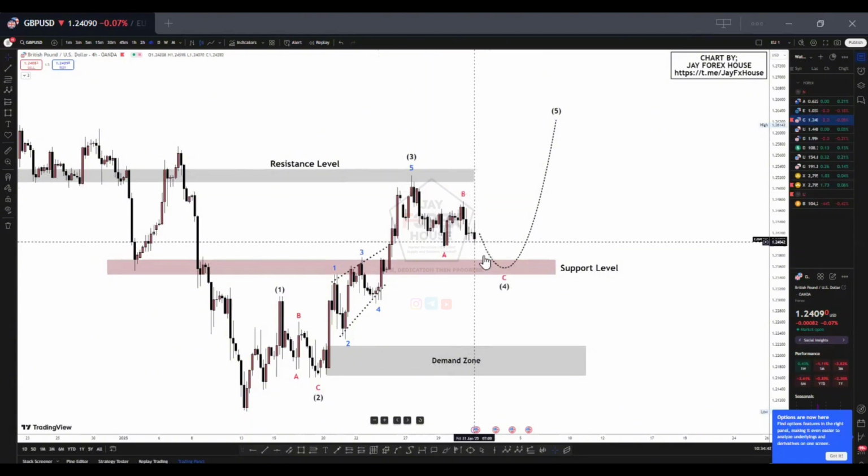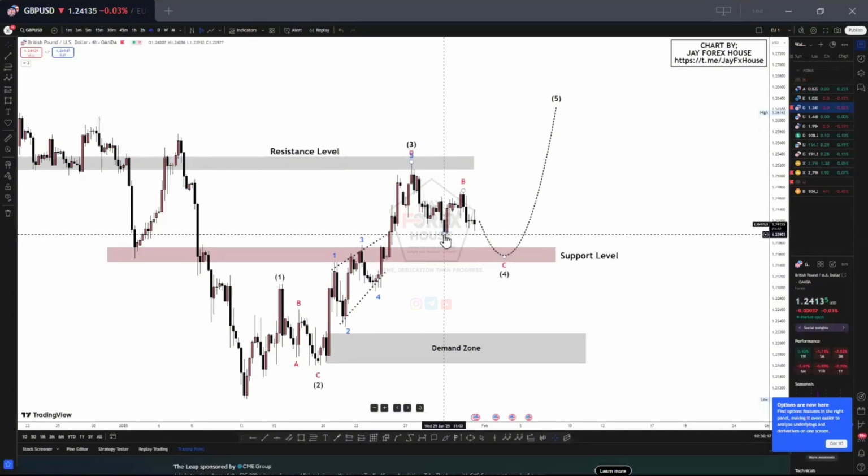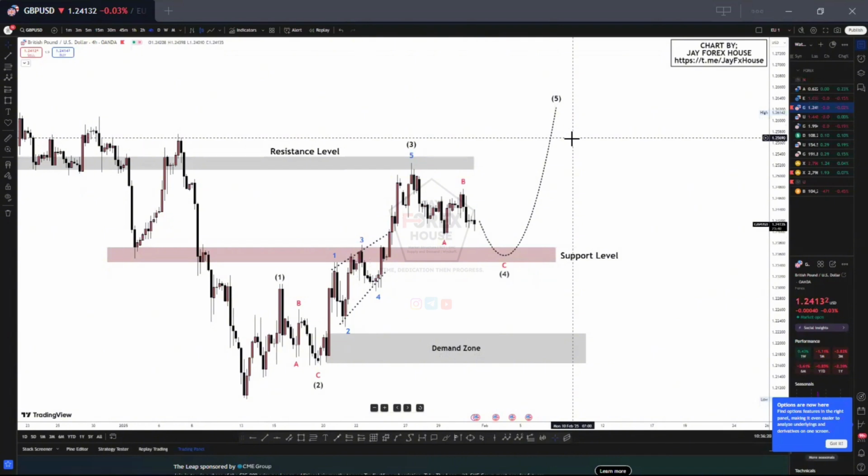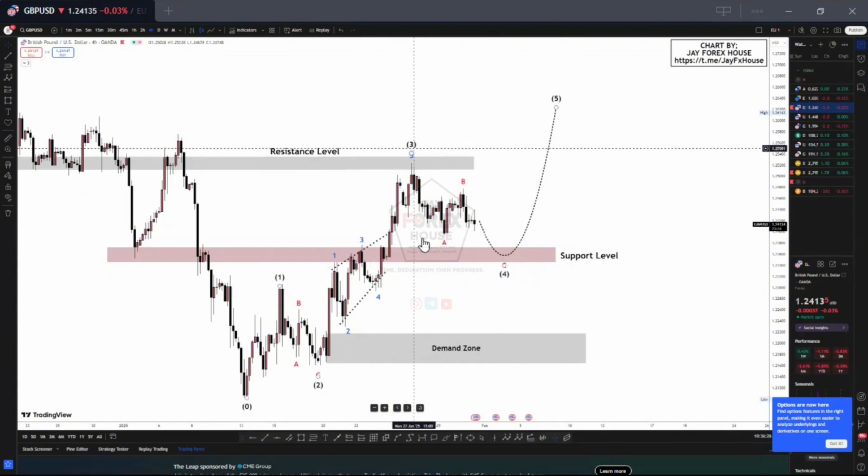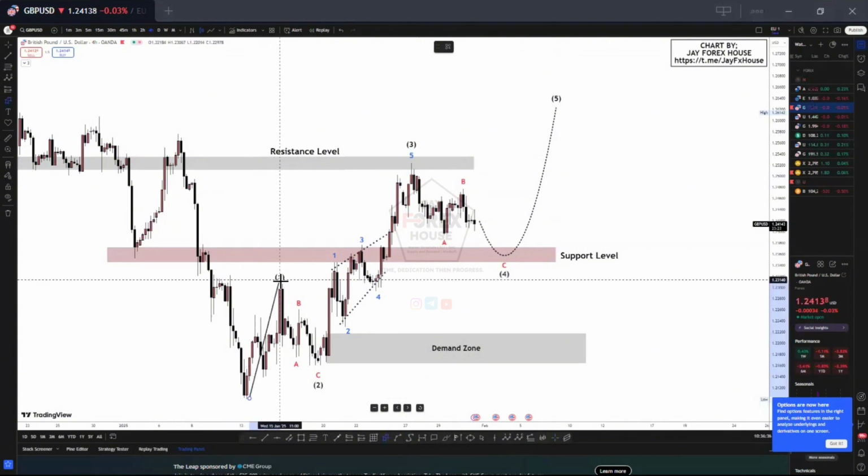So as you can see on the chart, we have a bullish prediction for GBP USD. This is the impulsive bullish wave of the 4-hour time frame, identified with the black one here. Every other wave identified is within this wave, so those are the internal structures we're trying to break down using the Elliott wave method.